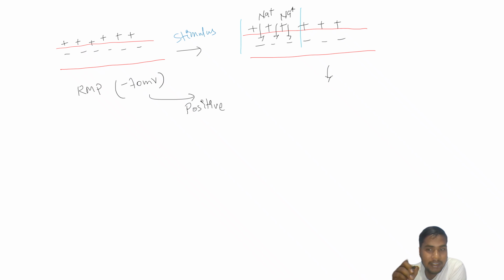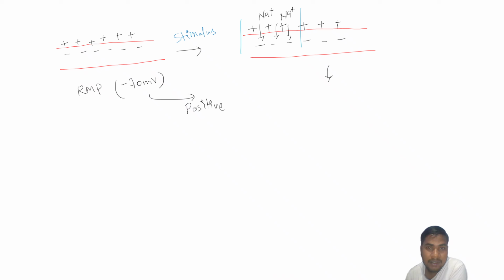But there is a glitch. What is the glitch? Actually, the change in membrane potential due to a stimulus is initiating the sodium ion influx.